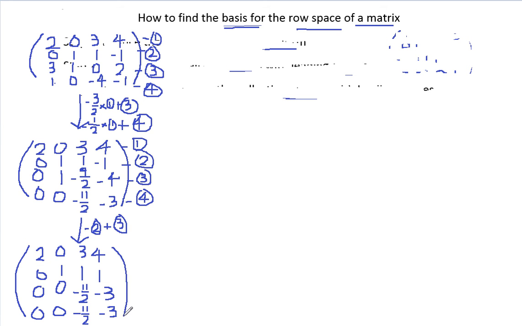However, we want to eliminate the entries in the third column. So this is again our row 1, row 2, row 3, and row 4. So from here we can add minus 1 times row 3 plus row 4.